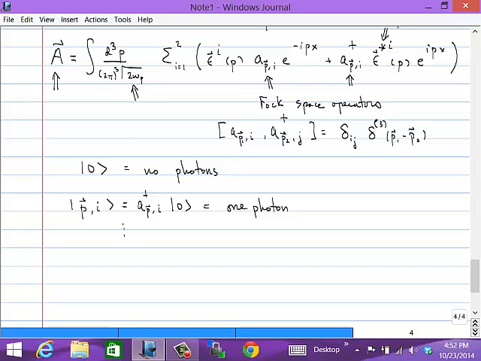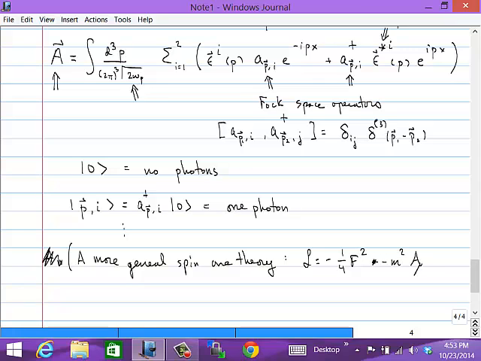A more general spin 1 theory, which is not something that we'll talk about now, but which will be very important later on in this course, would be a theory of a so-called massive vector, which is one where the Lagrangian would take the form we wrote down earlier, but with an additional term.